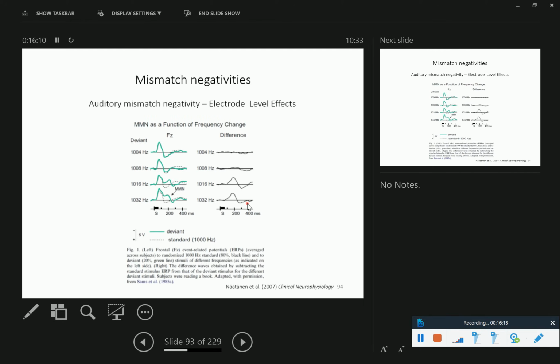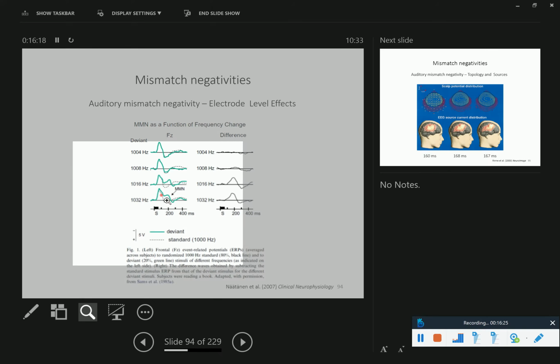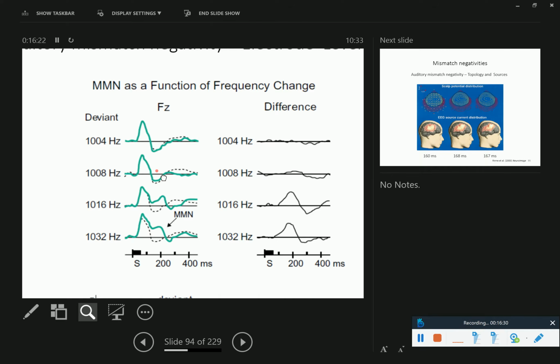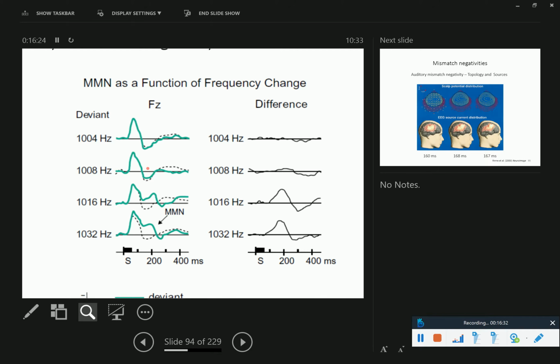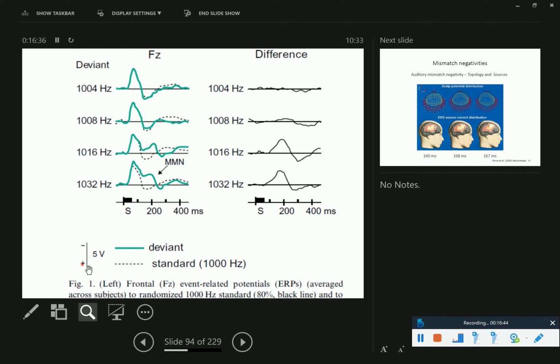Now a little bit more of a visualization of the whole thing. This is from this review, and you see kind of an old school way of presenting stuff. The mismatch negativity, so you see this is really old school: positivity is plotted downwards, negativity is plotted upwards.